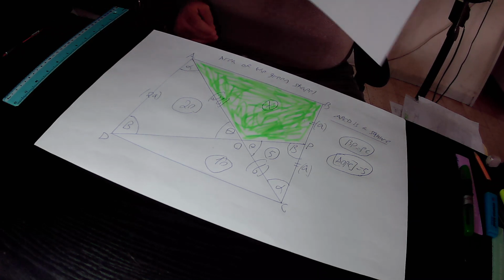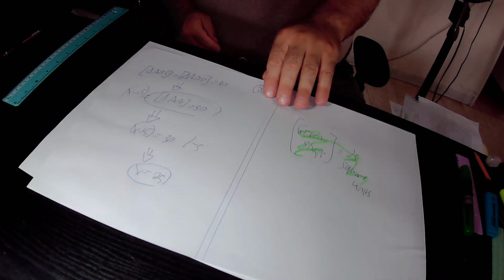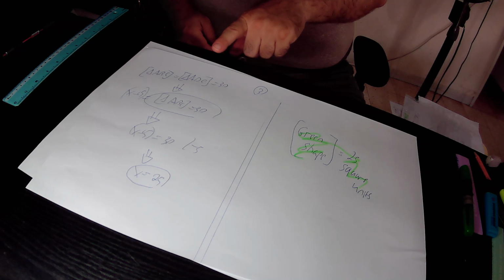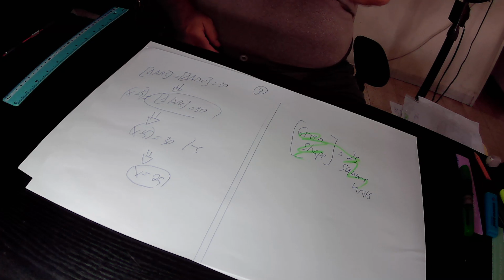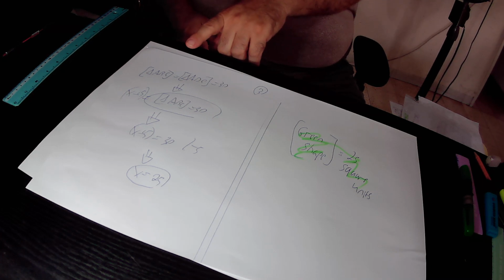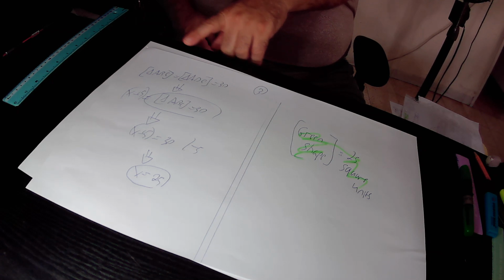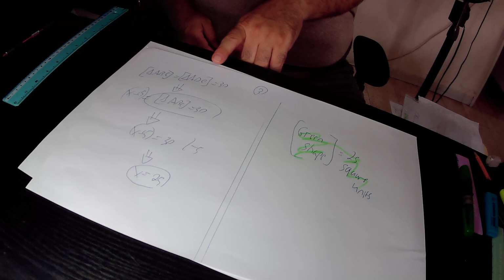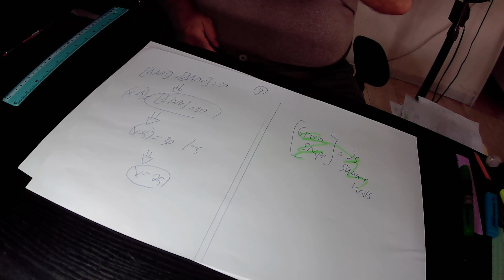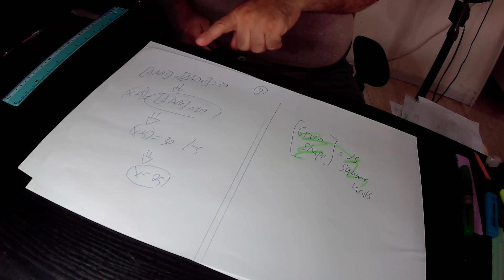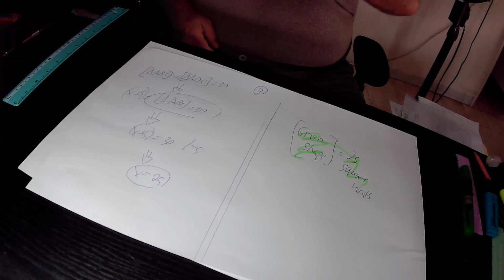Repeat again. From the drawings, it's very easy to see that the area of triangle ADC in total is equal to 30 square units, and we already found out that the area of triangle ABC is equal to the area of triangle ADC. So we derive that the area of triangle ABC is equal to 30 square units.